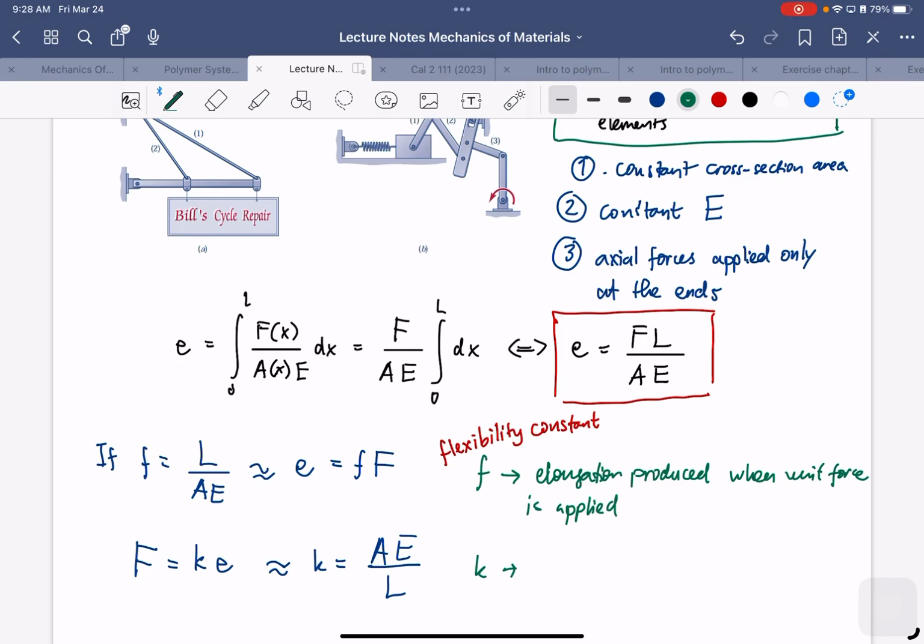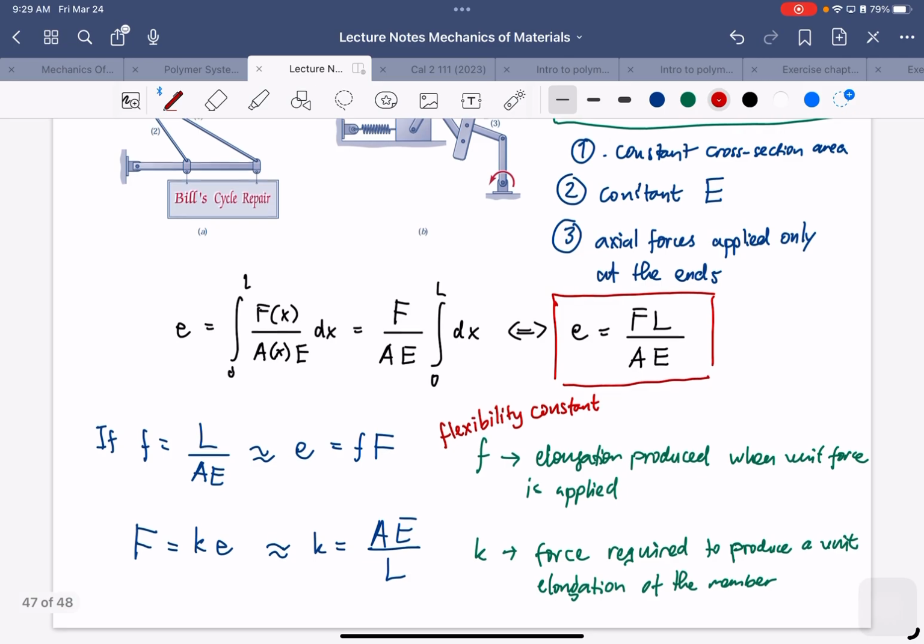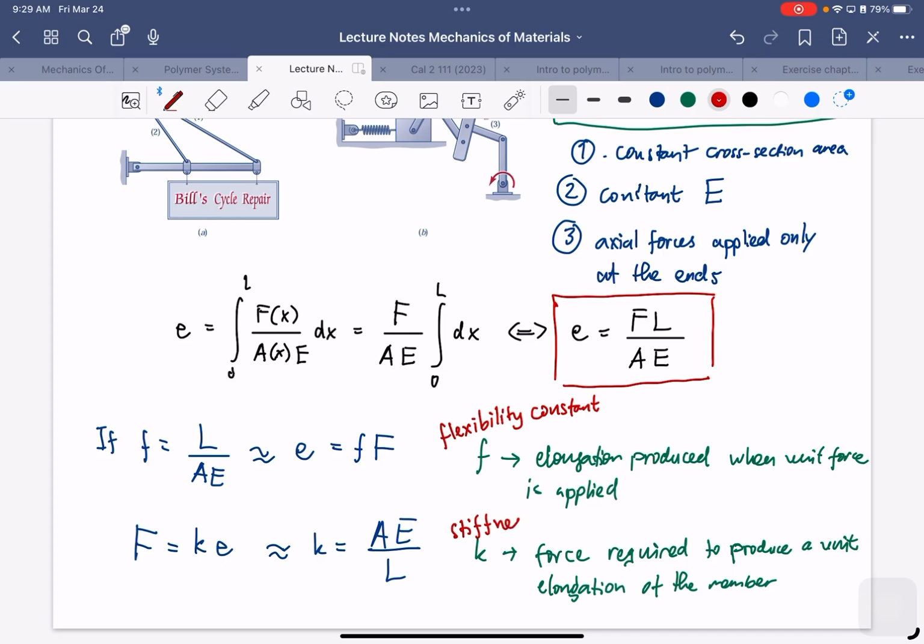And then K is the force required to produce a unit elongation of the member. We call this the stiffness coefficient or constant. Maybe coefficient is more suitable.